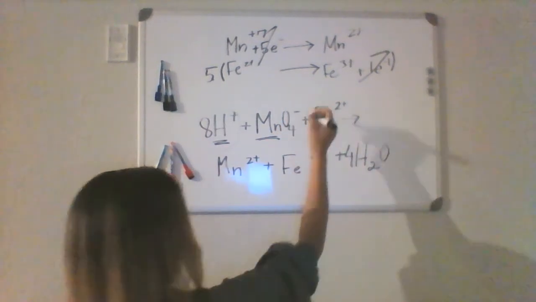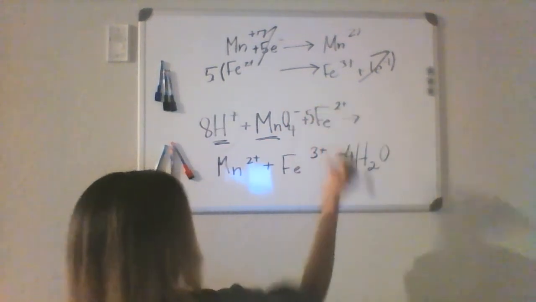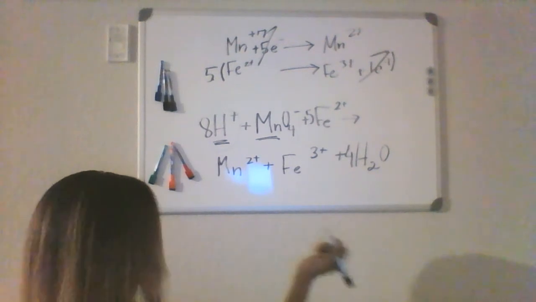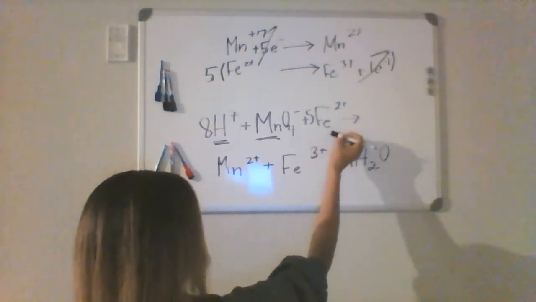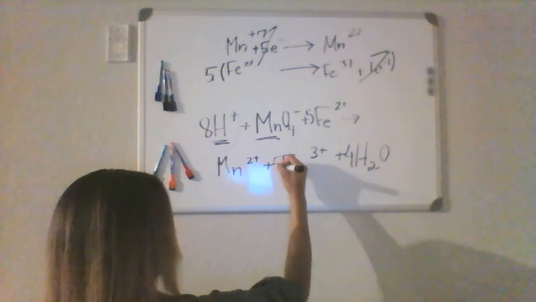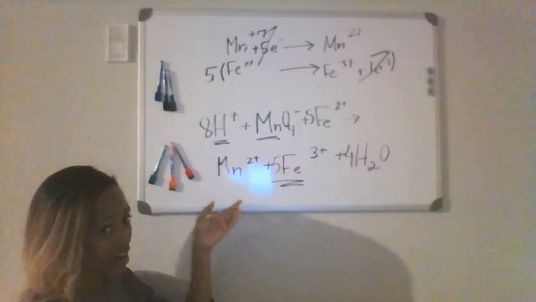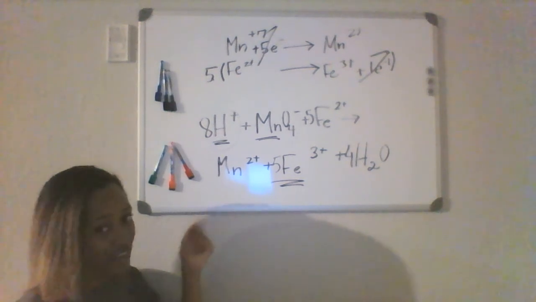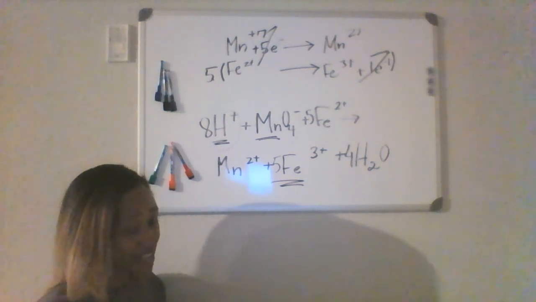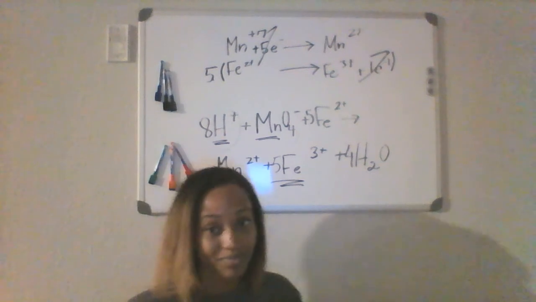Okay, so you're going to have to indicate that increase by putting a 5 as the leading coefficient on the Fe2+ ion and a 5 on the Fe3+ ion. And I'm pretty sure that this is the final balanced equation. Sorry that this is such a long explanation, okay?